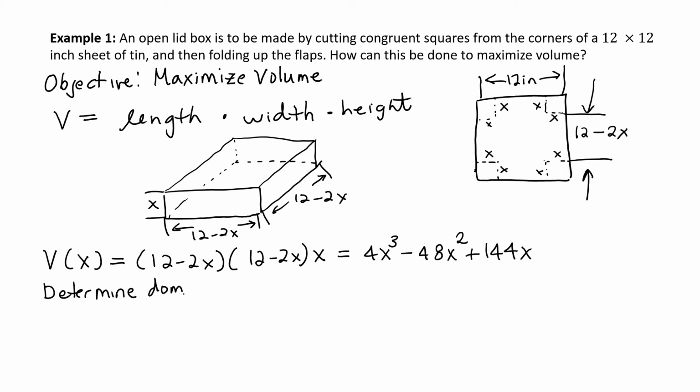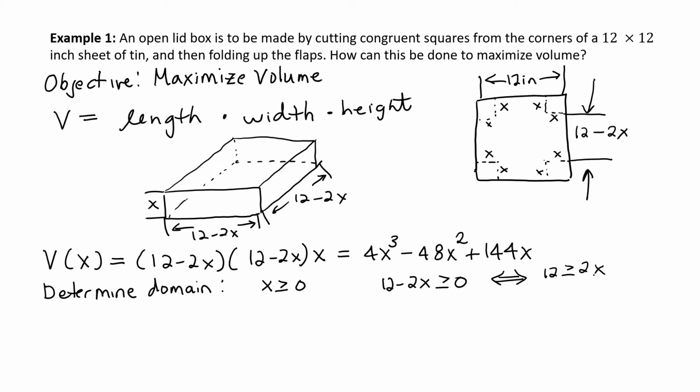Before we proceed, we need to determine the domain, and while the formula for the volume is a polynomial, so we're not concerned with respect to function behavior, we are concerned that we are working with a volume, so we have physical constraints. The height has to at least be 0, and the measurement of the length and width has to at least be 0. So we'll solve 12 minus 2x is equal to or greater than 0.